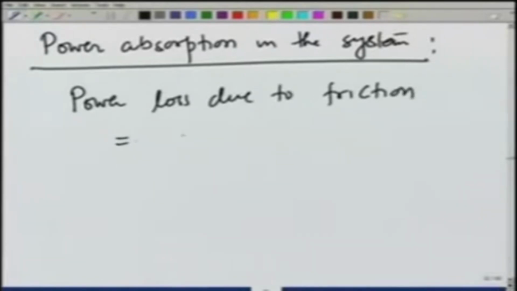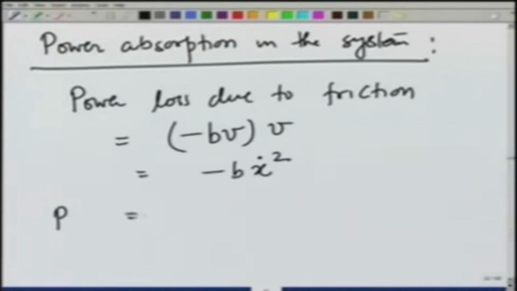is going to be the force minus BV times V, which is equal to minus B x dot square. Let us put that in. So, power loss as a function of time is going to be minus B, which is nothing but m gamma.